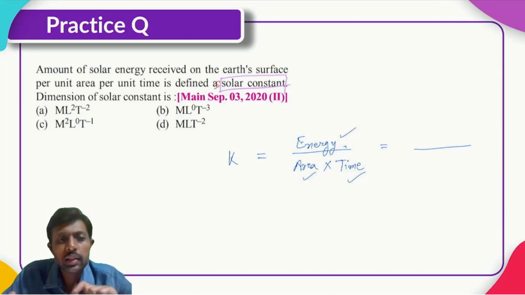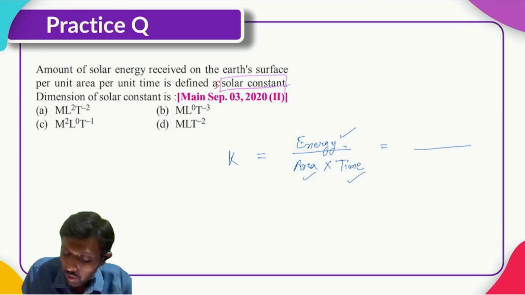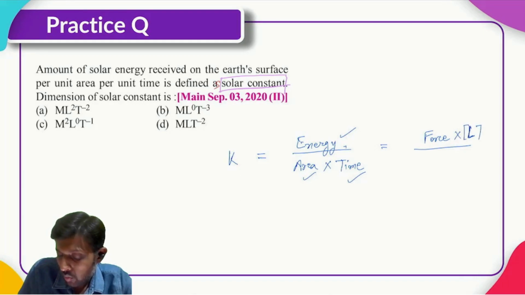So what is the dimensional formula of energy? Well, the dimensional formula of energy is the same as the dimensional formula of work done. And work done, we all know, is force into displacement, right? So force into length. I've started putting in symbols now.